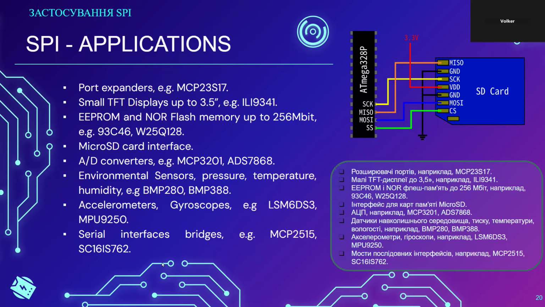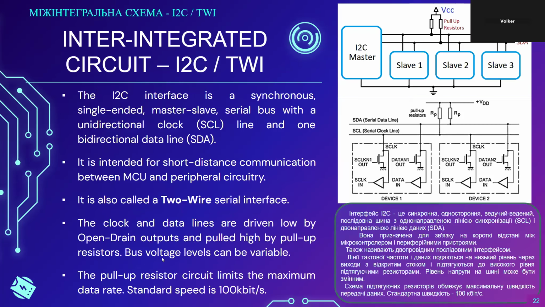Okay, so much for the SPI bus. I am moving over to the I2C bus. The I2C interface is a synchronous, single-ended master-slave serial bus with a unidirectional clock and one bidirectional data line. So here again, we have synchronous, so there's a separate clock line. It is single-ended, so it is again similar to the SPI interface.